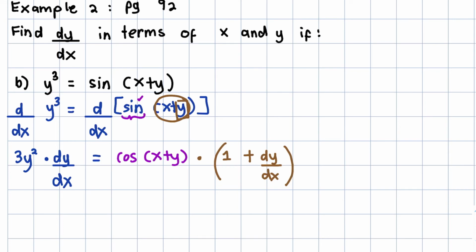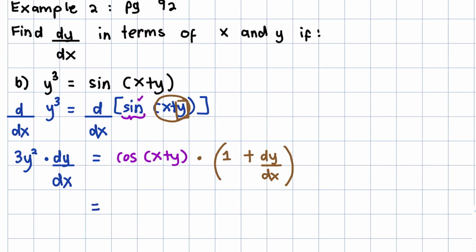Then what you have to do is simplify, nothing more. The question wants you to find dy dx, so simplifying means that dy dx must be the subject of your solution. Let's look at the right hand side. You have two terms over here.